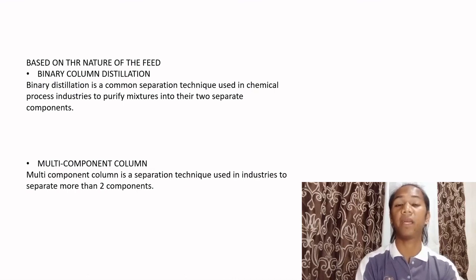First is the binary column distillation, and we can say that it is a binary column distillation if the separation technique used is to purify mixtures into their two separate components. Again, two separate components. While the multi-component column is a separation technique that is applied to three or more components or mixtures.